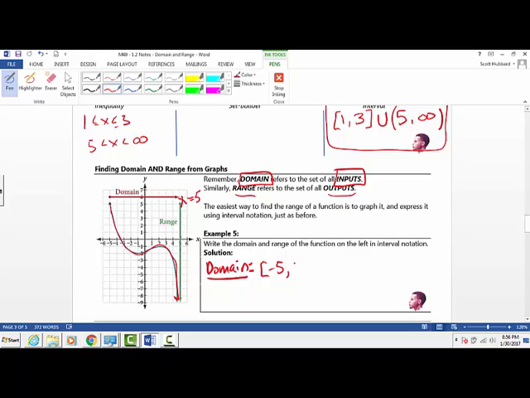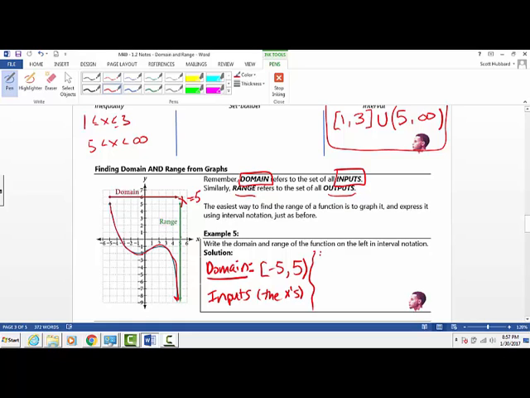That means we would just write it as 5. And it doesn't look like it ever touches it. It looks like it's going to approach it but never get there. So I would leave it as an open parenthesis like that. So that's the inputs, the x's.